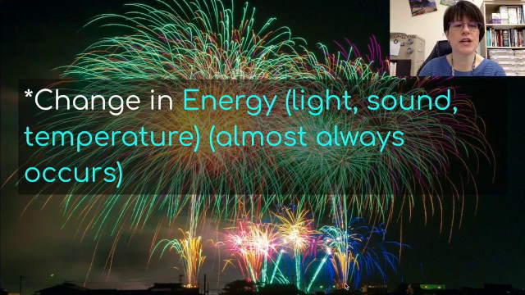There's a temperature change. Either it gets really hot, or sometimes it's the opposite. The thing gets colder. And there's almost always an energy change that occurs because the reason things are reacting is to get to a lower energy level usually. So there usually is an energy change of some kind.